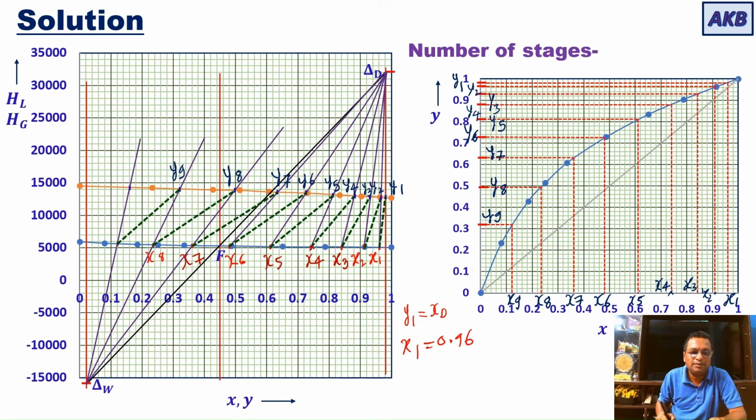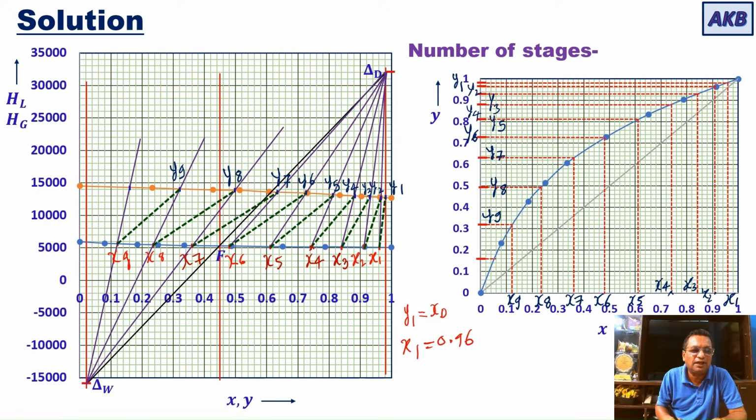Let me write it. So I am locating x9 over here, and then we will be drawing the construction line through x9, and then x9 and y9 will be connected with a tie line. So in that process we get this point. So that will be y10.